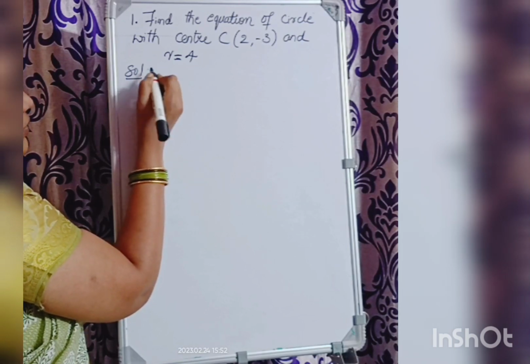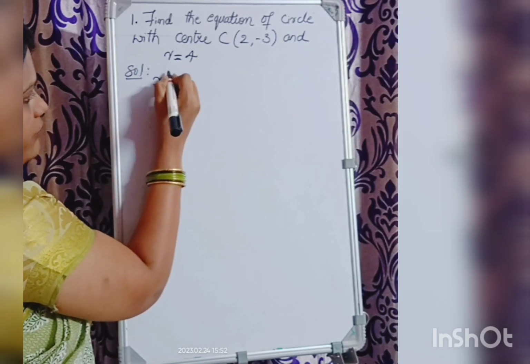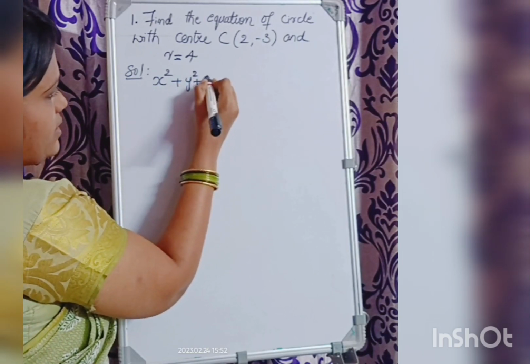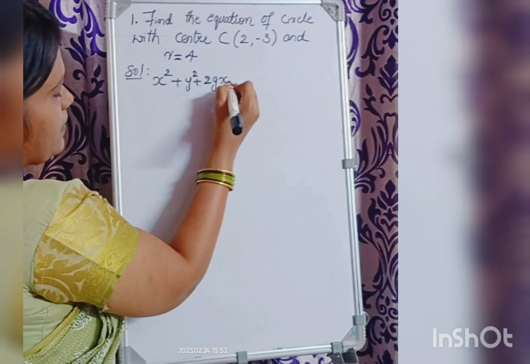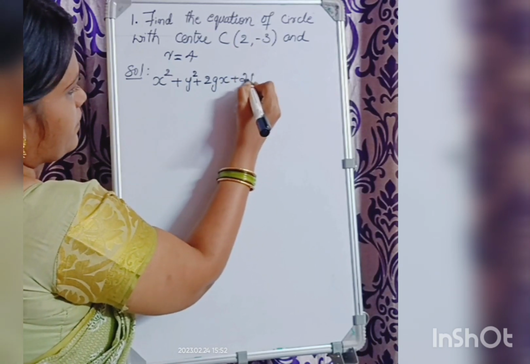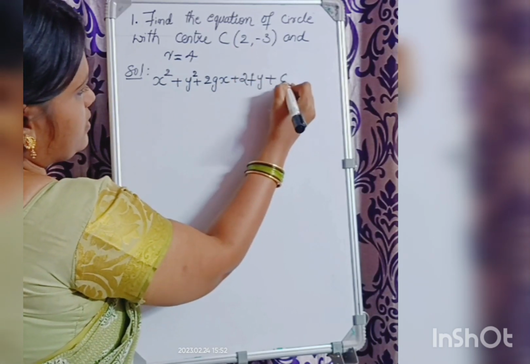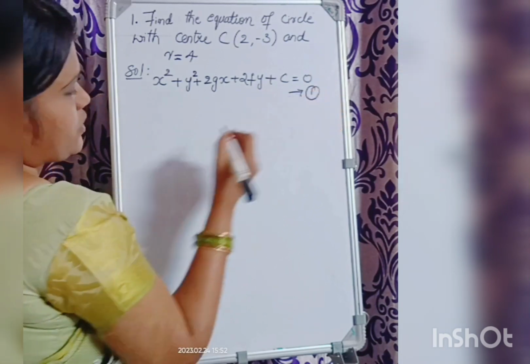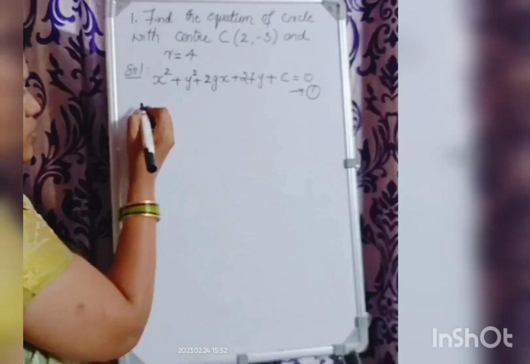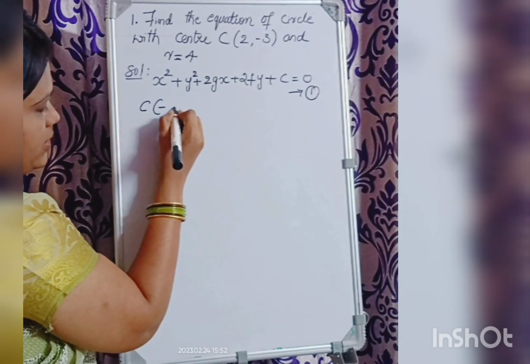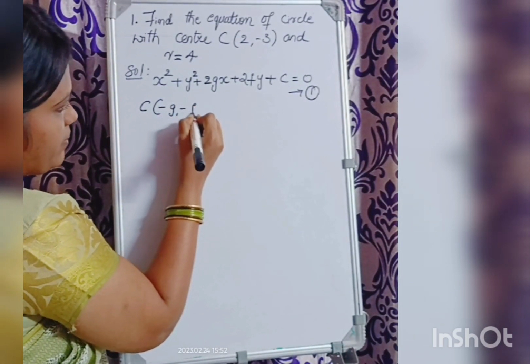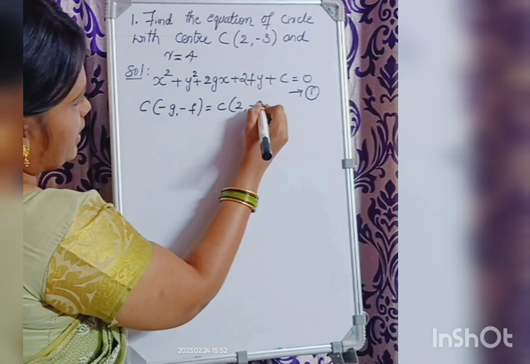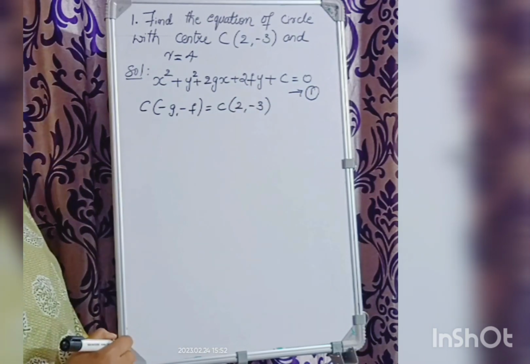For that we have to write the general equation of circle, that is x square plus y square plus 2gx plus 2fy plus c is equal to 0, right? I'll call this equation 1. And also we know that the center is given as minus g comma minus f, which they have given as 2 comma minus 3, right?